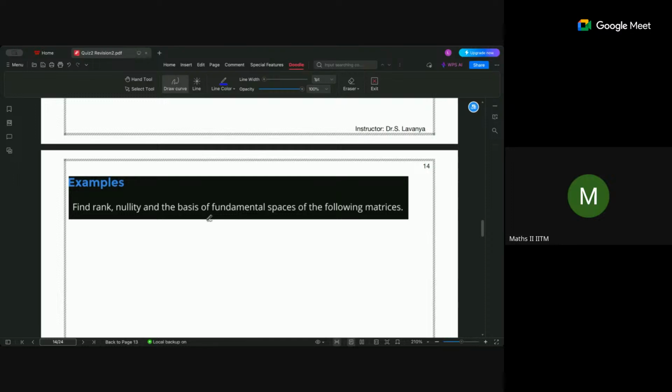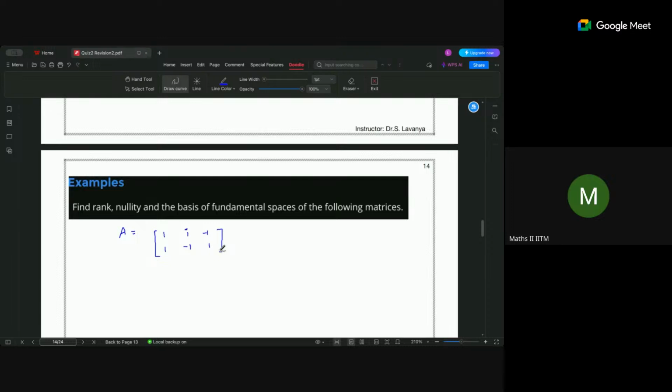Let us consider an example. Just a minute, I'm picking up the question. So here let us say you have the matrix A equal to [1, i, -1; 1, -1, 1].